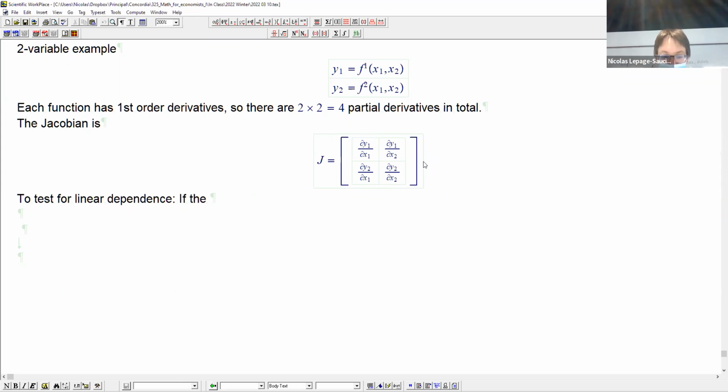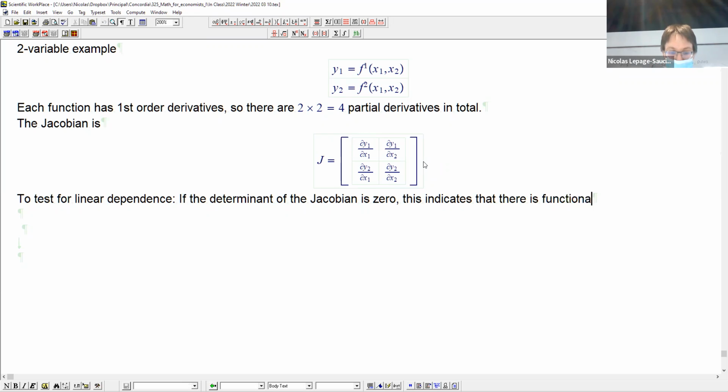If the determinant of the Jacobian is 0, this indicates that there is functional dependence among the functions.